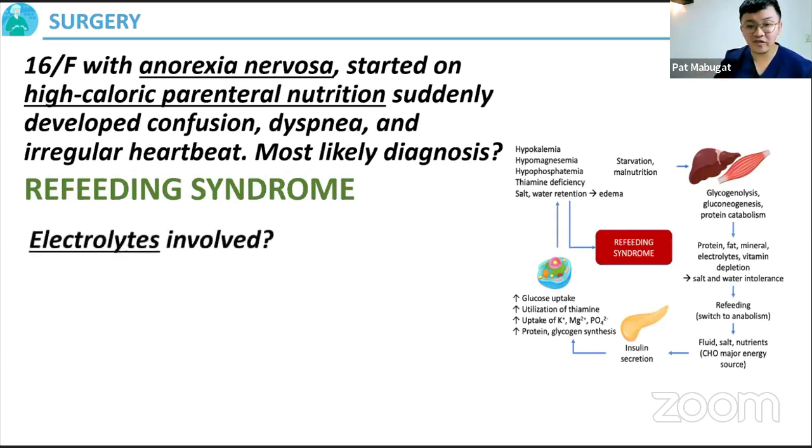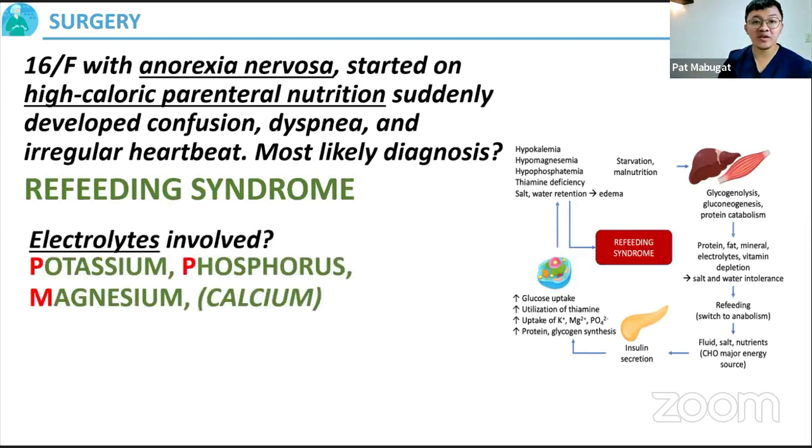The electrolytes involved are potassium, phosphorus, magnesium, and sometimes in other references, calcium. For the board exams, this has been asked before, just remember PPM: potassium, phosphorus, and magnesium, sometimes calcium. These can cause neurologic, cardiovascular, and muscular disturbances. But in the case of a chronically starved patient who is refed, it's probably refeeding syndrome.